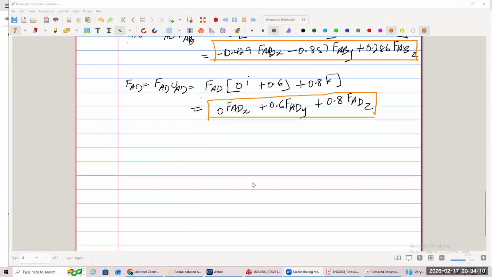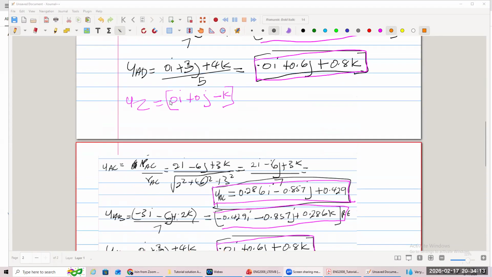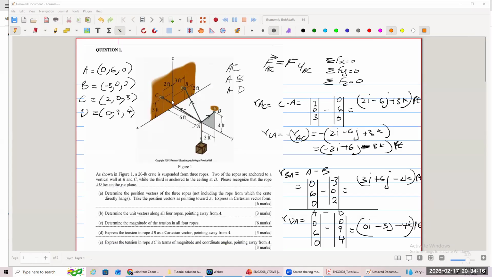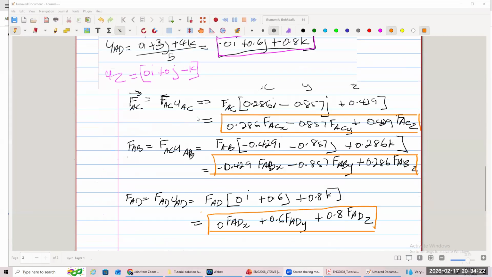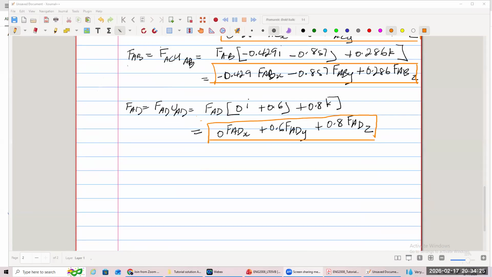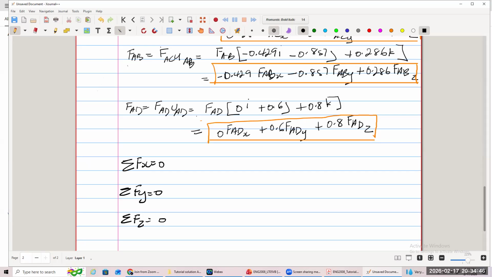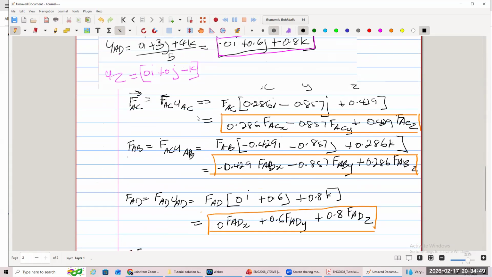Now we go back to first principles and say that there is an equilibrium along each line, and we make an equilibrium statement for each line: the sum of the forces in x equals 0, the sum of the forces in y equals 0, and the sum of the forces in z equals 0.